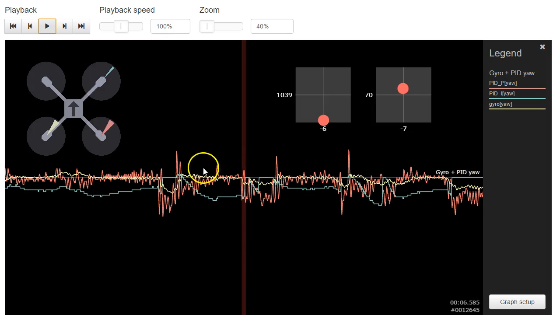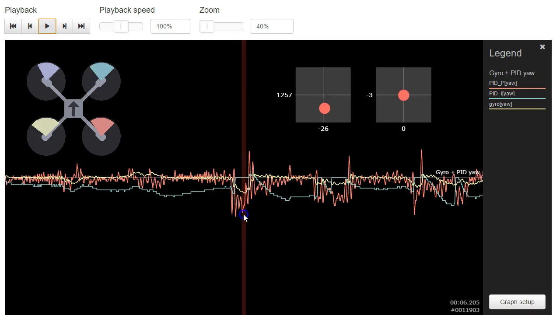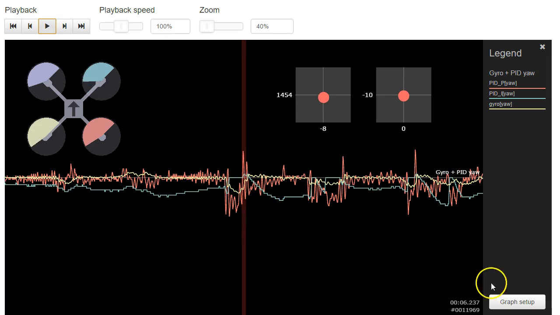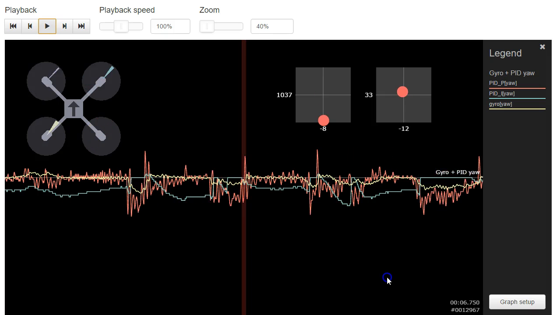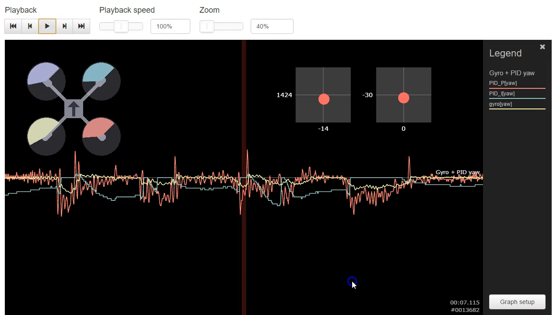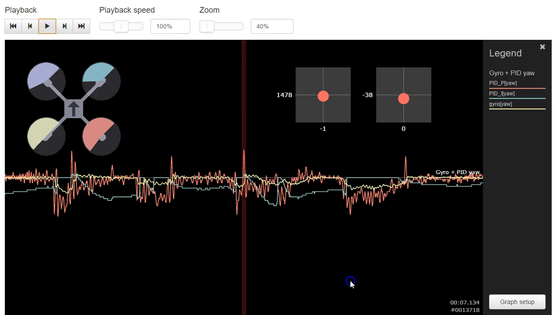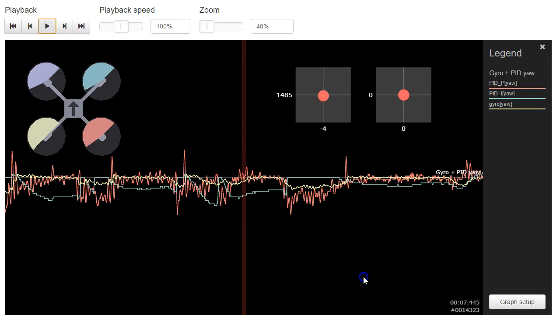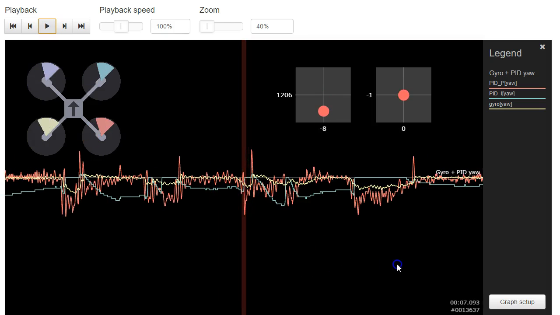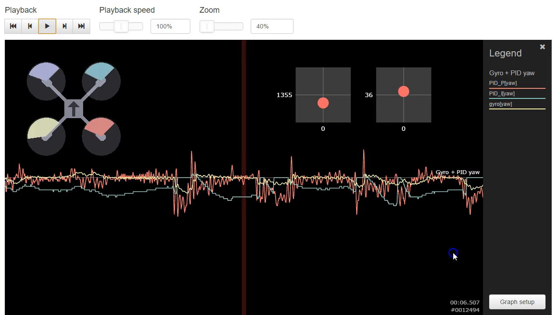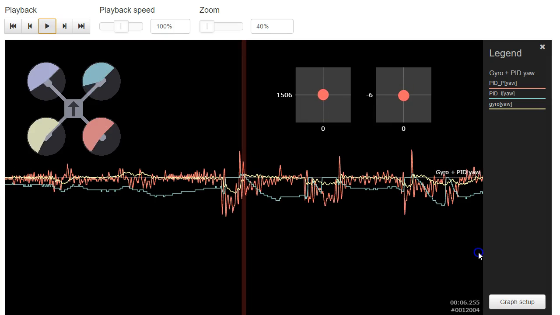And we do have these twitches here. 6.2, 6.4, 6.7, 7.1. These 0.2 second twitches. I can't remember if you, I don't think it was you who asked about this, these 0.2 second twitches.